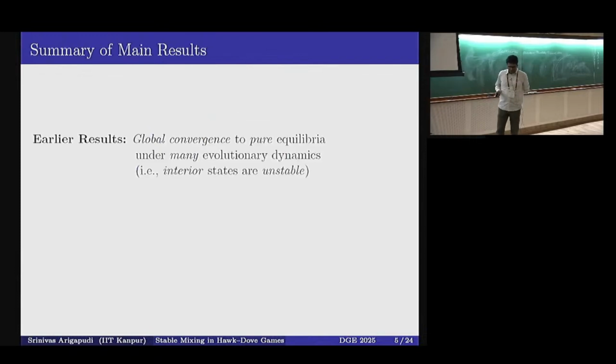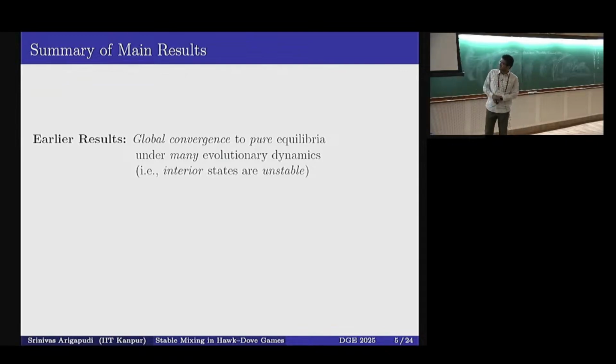The answer to this question would obviously depend on the kind of model you're going to write. If you write down a one population model and look at many evolutionary dynamics, then that will give you one sort of prediction. If you're looking at a two population version of it, which we are doing in this paper, it will give you a different sort of answer. So what we are going to do in this paper is study the Hawk-Dove game in the two population case.